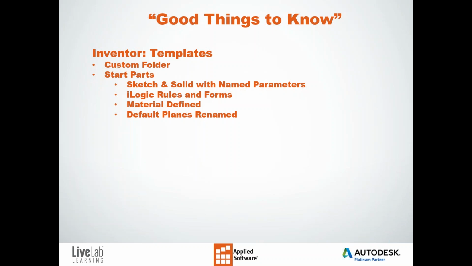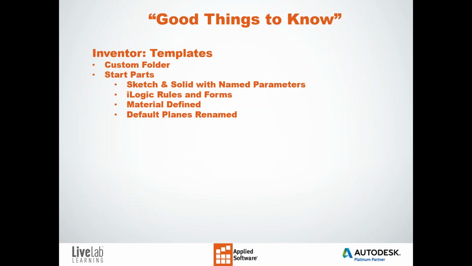Create the sketch, name your parameters, add some iLogic rules or forms. If you're not familiar with iLogic, Applied Software teaches that as well. We can show you how to use that.